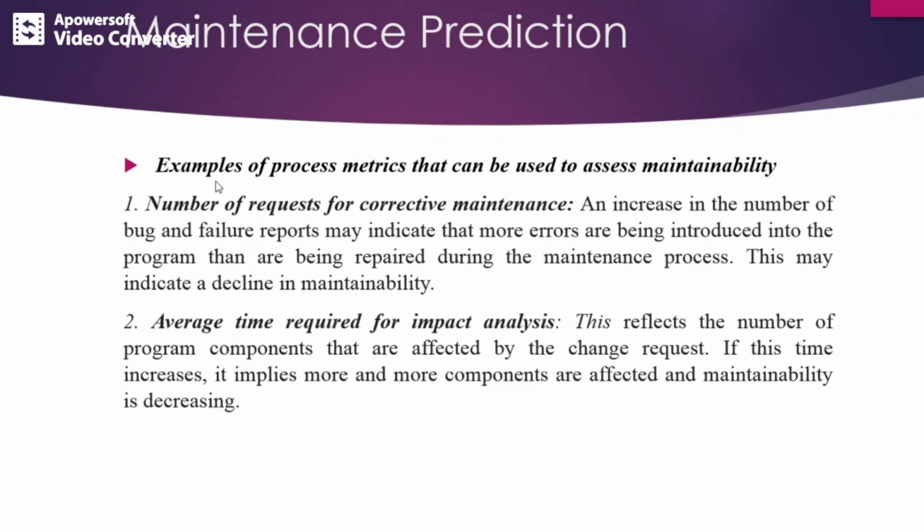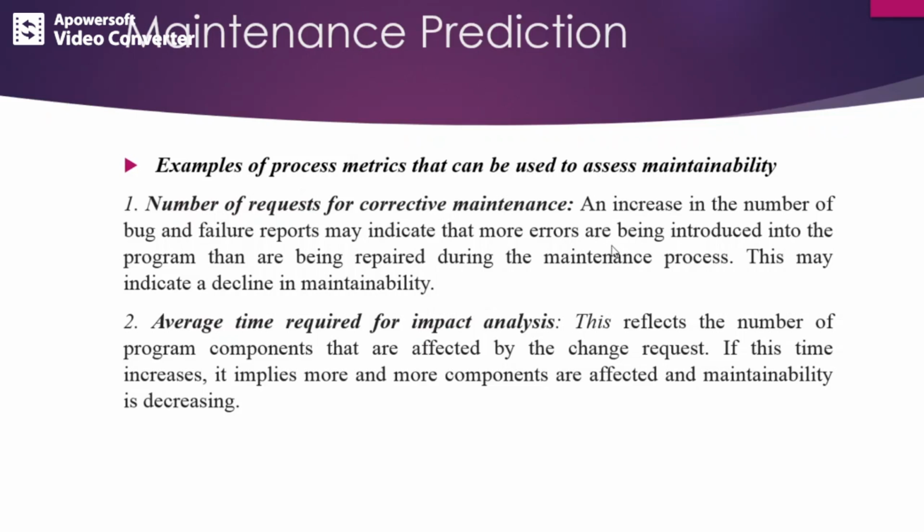First one is the number of requests for corrective maintenance. You have learned about corrective maintenance. An increase in the number of bug and failure reports may indicate that more errors are being introduced into the program than are being repaired during the maintenance process. So this may indicate a decline in maintainability. What does it mean?